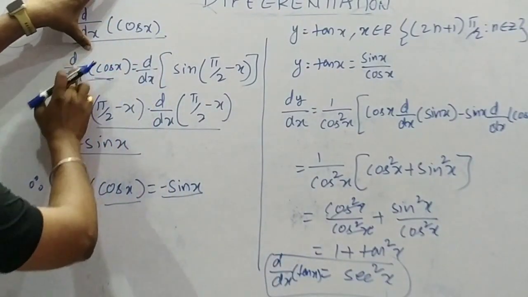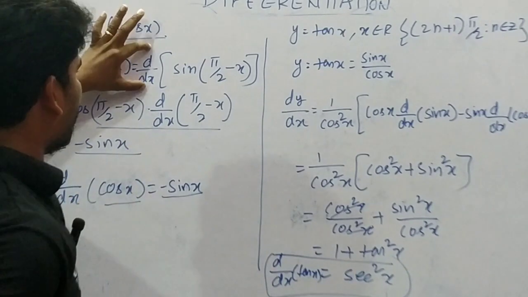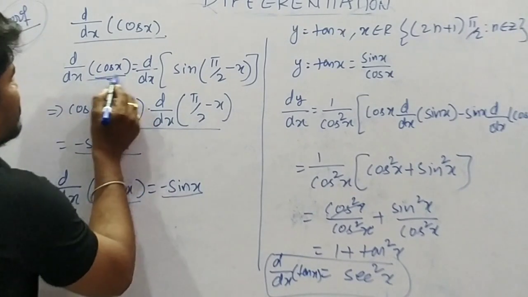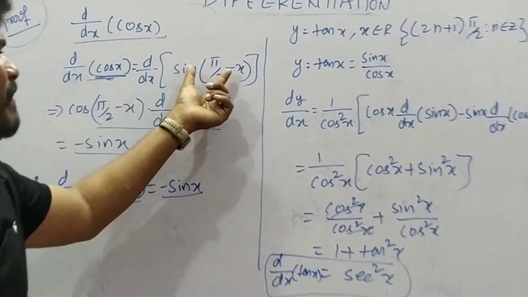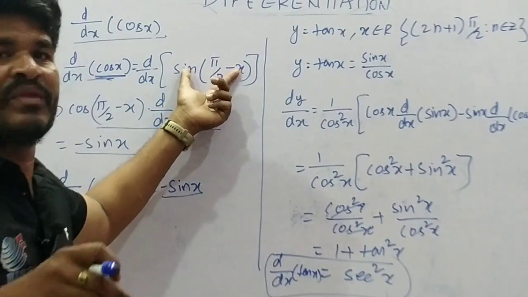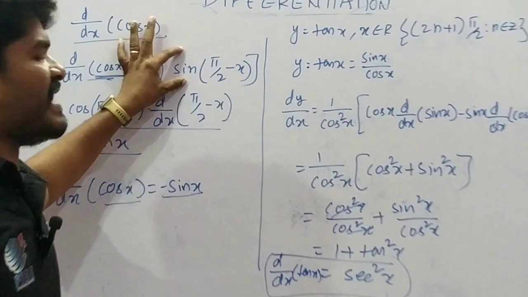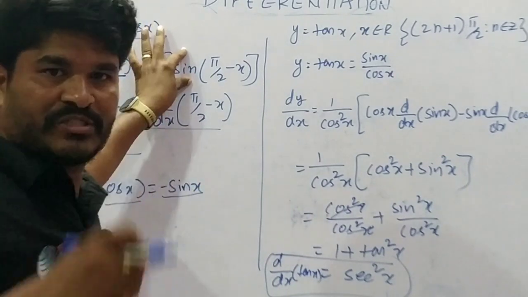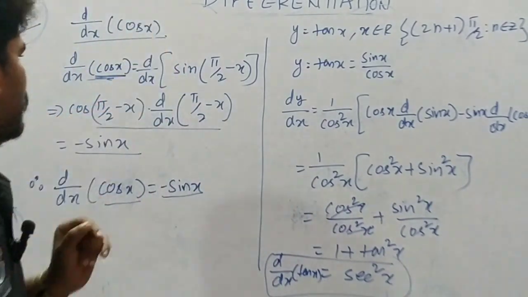Once again, d by dx of cos x is represented as d by dx of sin of pi by 2 minus x. In the first quadrant sin is positive.